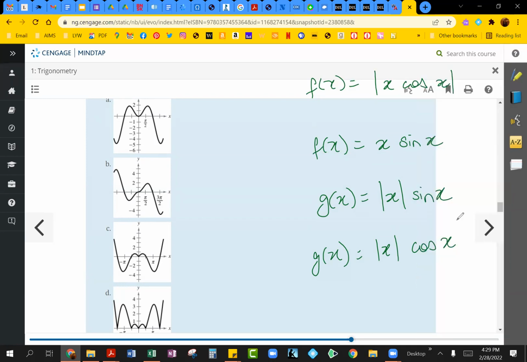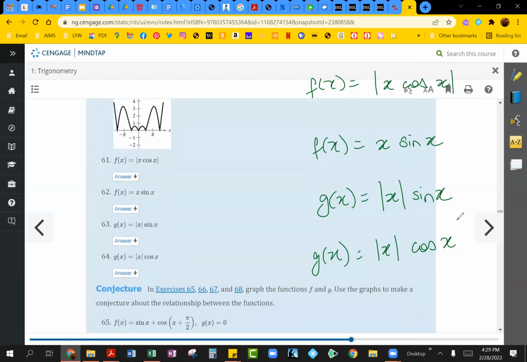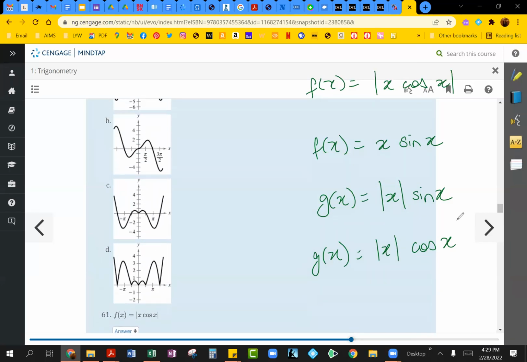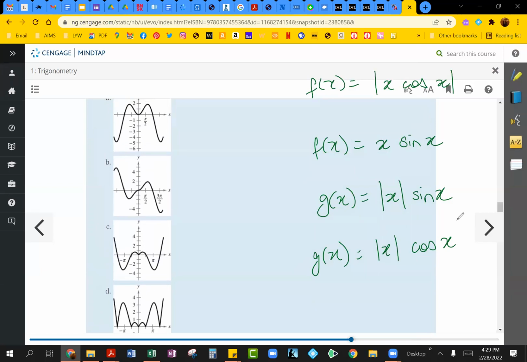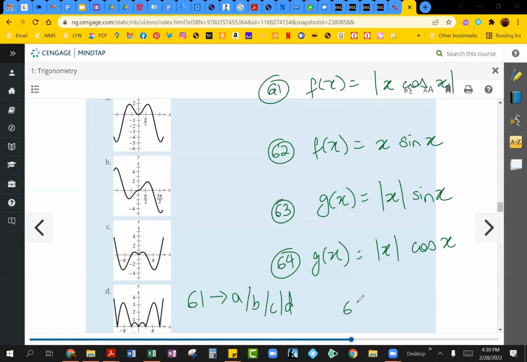And since we don't have, what were these question numbers, 61 through 64? So just basically tell me, 61 goes with A, B, C, or D, what does 62 go with? Just in that format, you can share your answer with me to see which function goes with which graph.